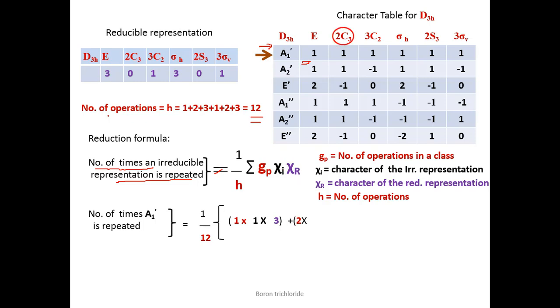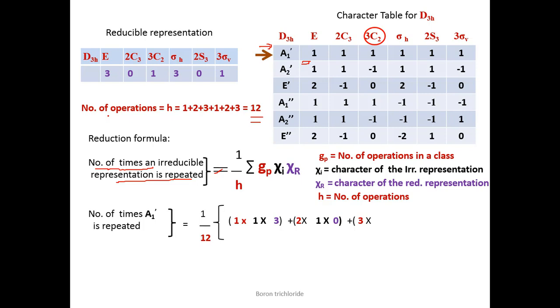Next, for the same irreducible representation A1 dash, go to the next operation 2C3. Since it is 2C3, GP is 2, and the number against A1 dash is 1, and the number in the reducible representation is 0. Next go to the next class 3C2.